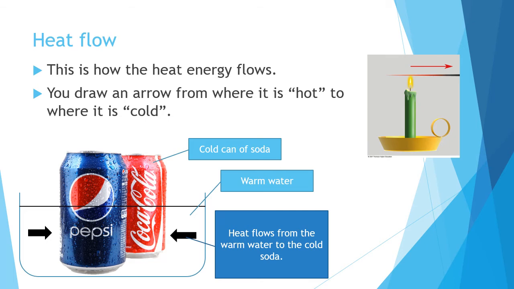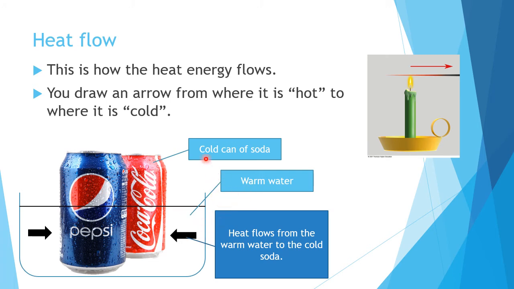Heat flow. Heat flow is how the heat energy flows. This shows how the heat energy moves. To show it, you draw an arrow from where it is hot to where it is cold. In the quotation marks, here we have a cold can of soda and here is warm water.